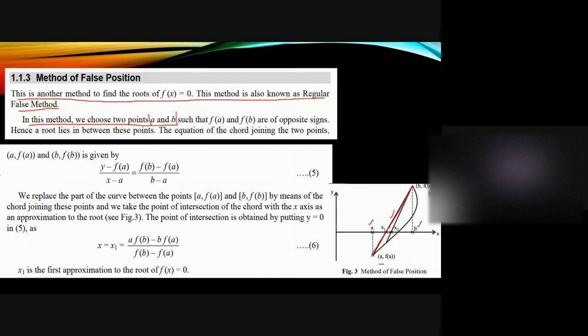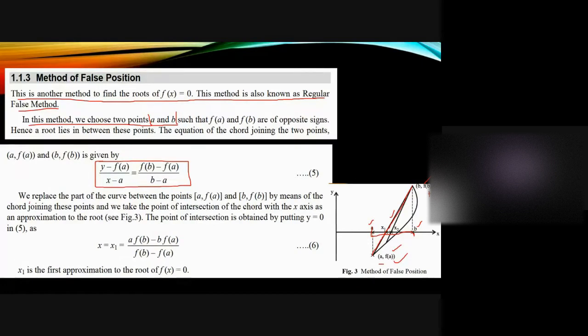Then the points (a, f(a)) and (b, f(b)) is given by (y minus f(a)) divided by (x minus a) is equal to (f(b) minus f(a)) by (b minus a), the full length of the values. So this is the equation of the chord, and this chord can be used for solving the transcendental equations by the method of false position.